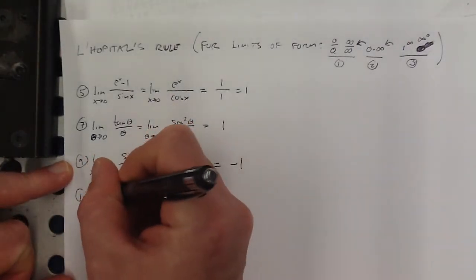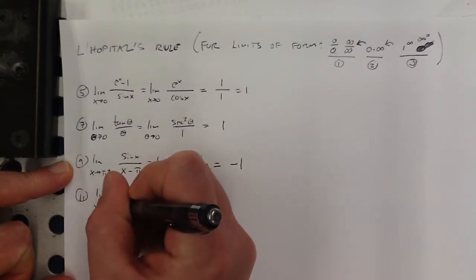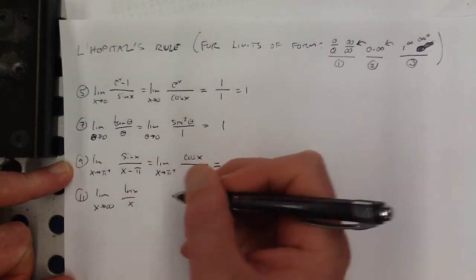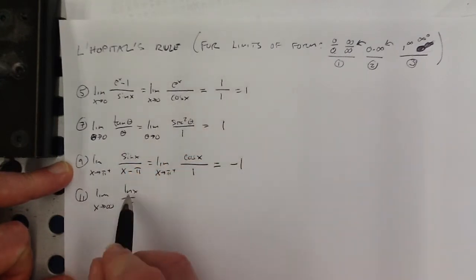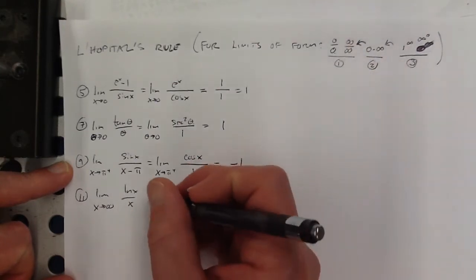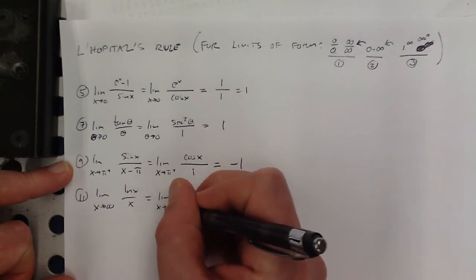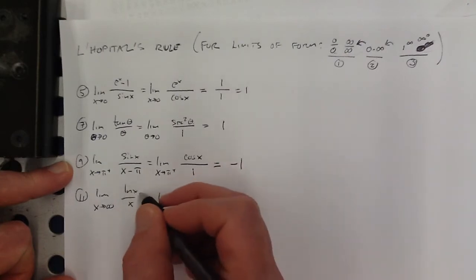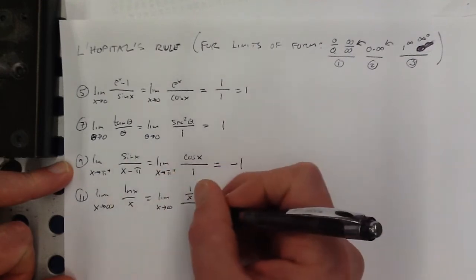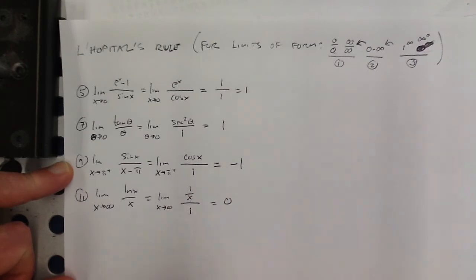How about the limit as x approaches positive infinity of the natural log of x over x? Let's see, the natural log of infinity is infinity over infinity, so it is that type. The derivative of natural log x is 1 over x, over the derivative of x, which is 1, so 1 over infinity, that's going to 0.